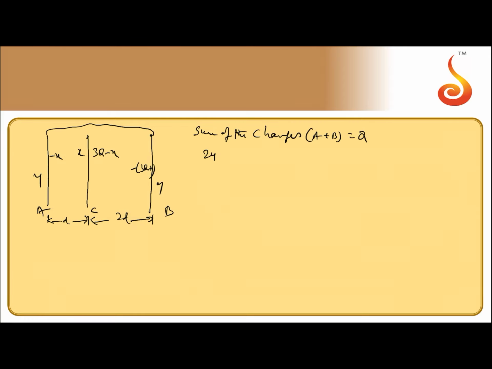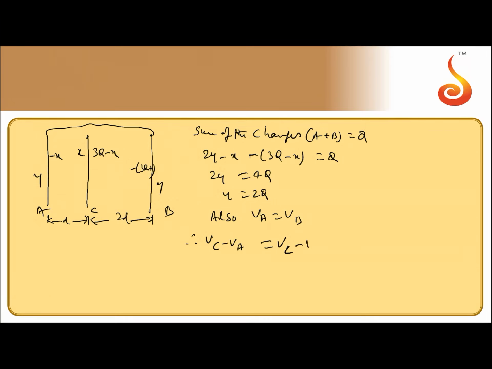Also VA is equal to VB. So VC minus VA must be equal to VC minus VB.